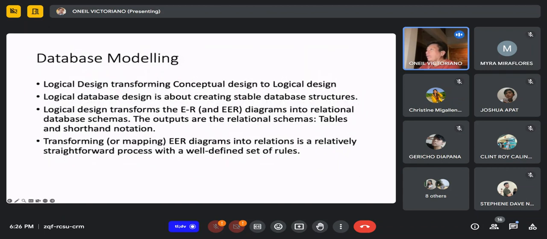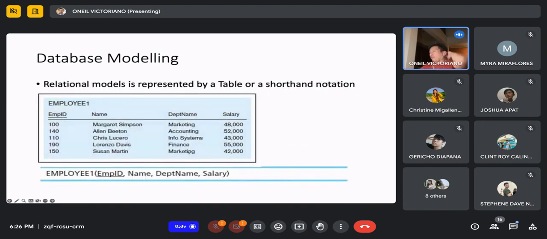So from logical, we created a stable database structure to be able to map that to physical. No? So from your relational tables, we can have shorthand notation. From your table design, we can have the employee table, and it depicts four columns: employee ID, name, department name, and salary.